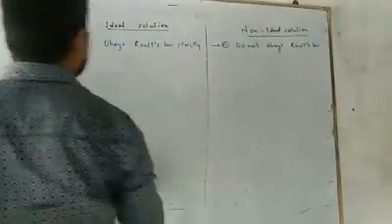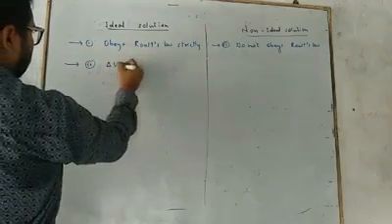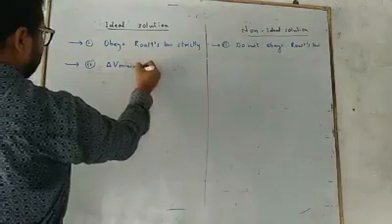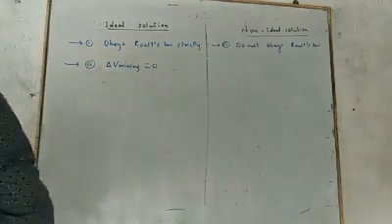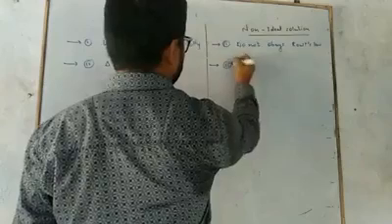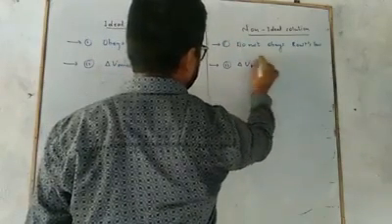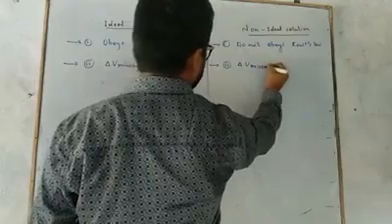Second point, for ideal solution delta V mixing is equal to 0. Here, for non-ideal, delta V mixing is not equal to 0.